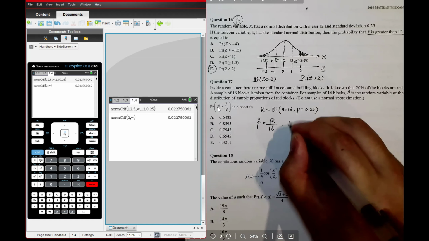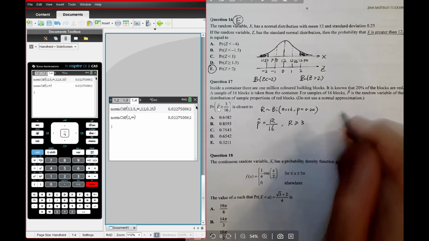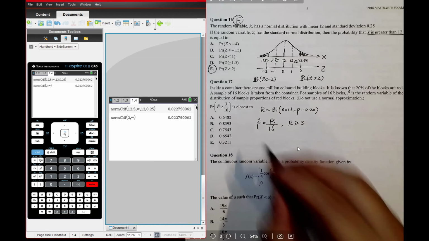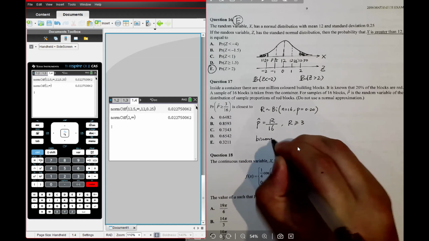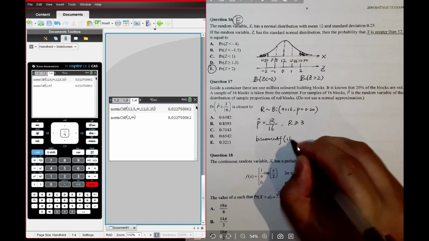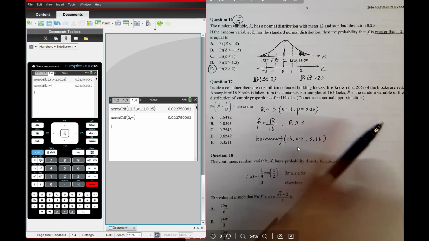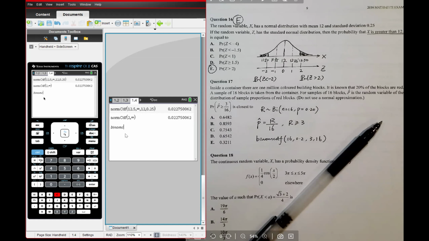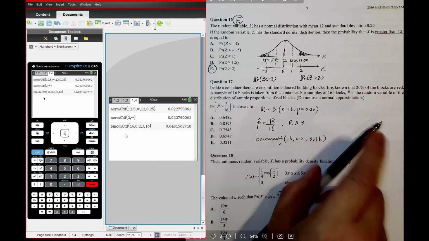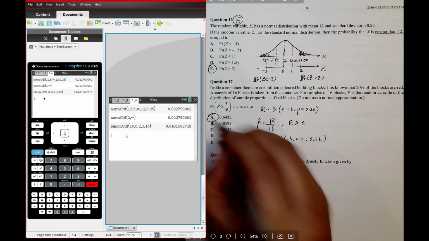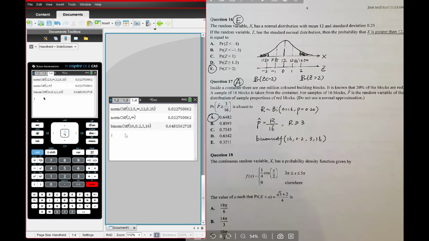And therefore, r greater than or equal to 3 is in our statement here. So I would like to use binomCDF 16, 0.2, 3 to 16, and I get the desired number. So the answer is 0.6482. Option A. Right?